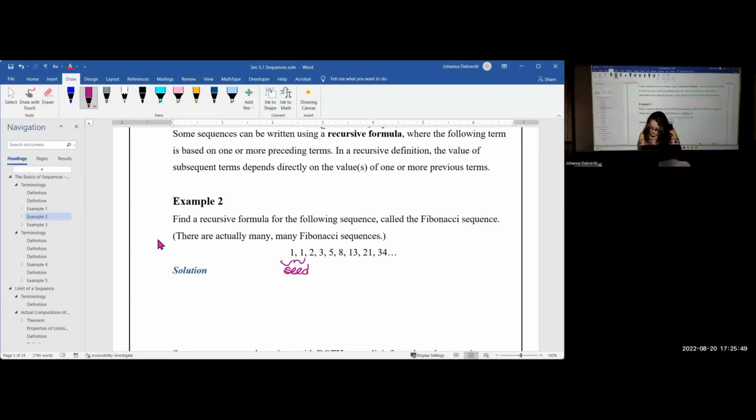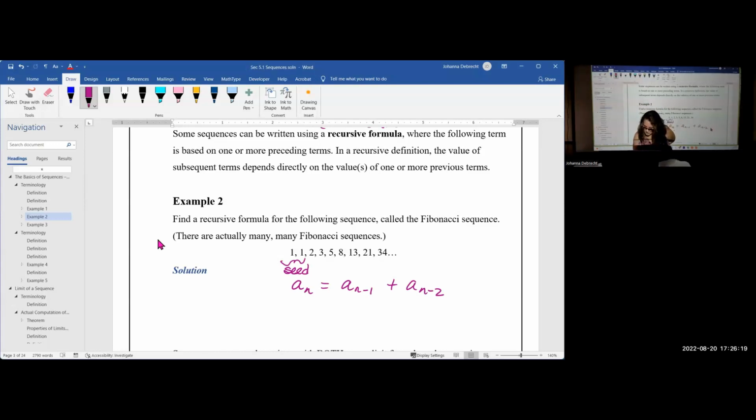The recursive definition says a generic term in this sequence comes from adding the 1 in front of it, a sub n minus 1, to the 1 in front of that, a sub n minus 2. But notice that that is not enough. To get a particular sequence, you not only have to specify the rule, which is add the 2 in front to get the next one out, but you have to give the seed values.